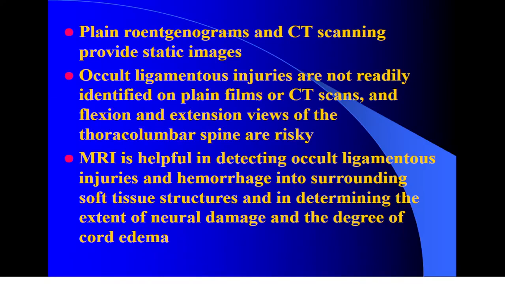MRI will give you a better picture of tissue where we have high concentration of water. So the ligaments, spinal cord, cerebrospinal fluid, internal organs will be better visible if you perform MRI examination.